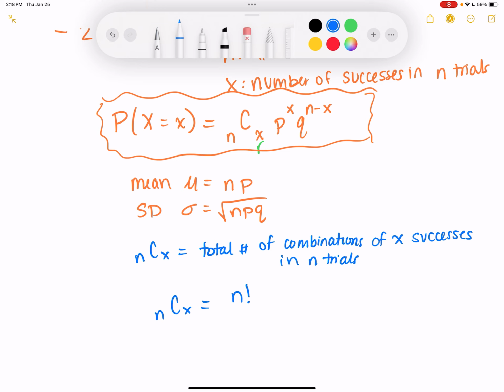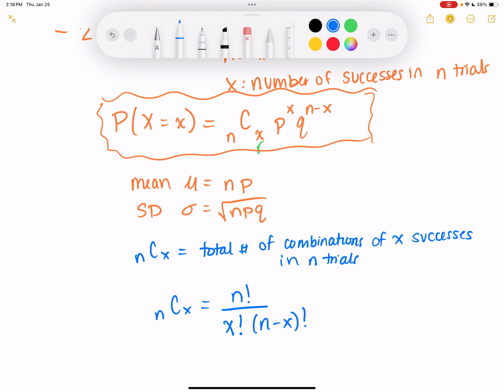Do we remember what factorial means? If I tell you 3 factorial, what does that equal? 6, because it's 3 times 2 times 1. Yes. So factorial is that number times everything before it. Okay. Over X factorial times N minus X factorial.